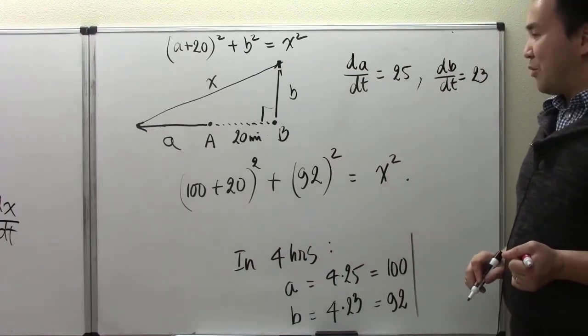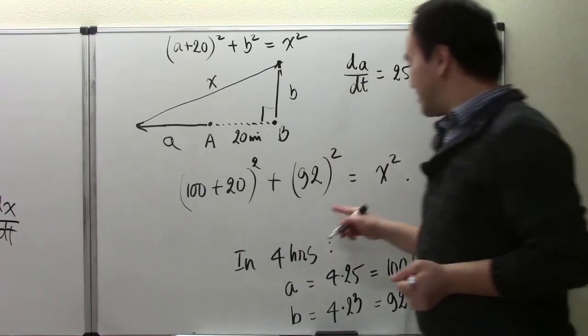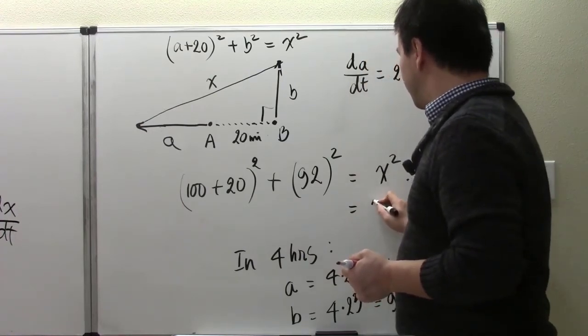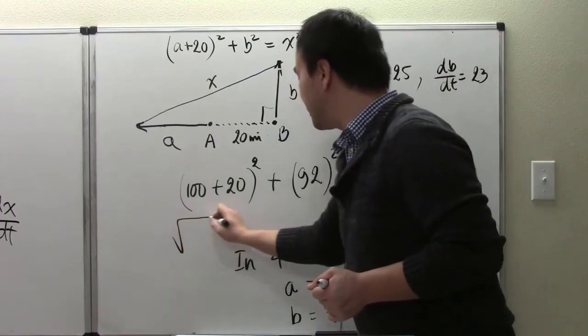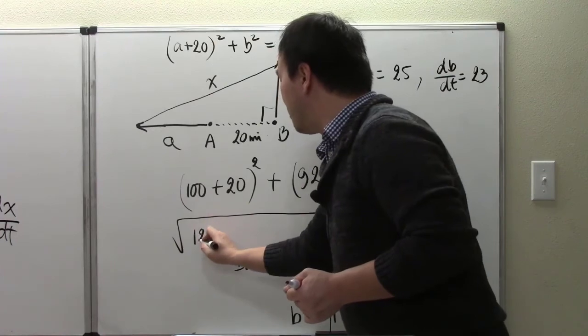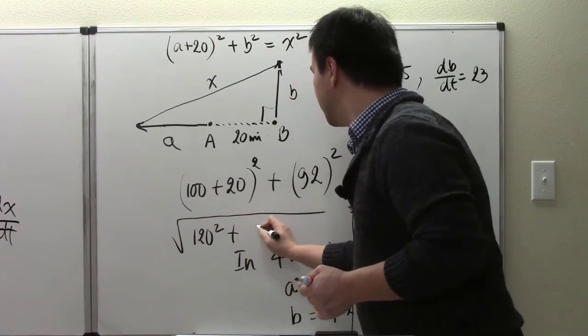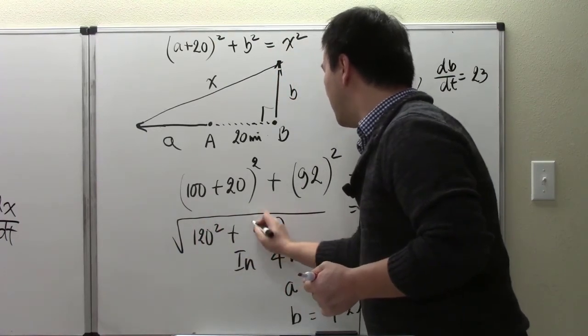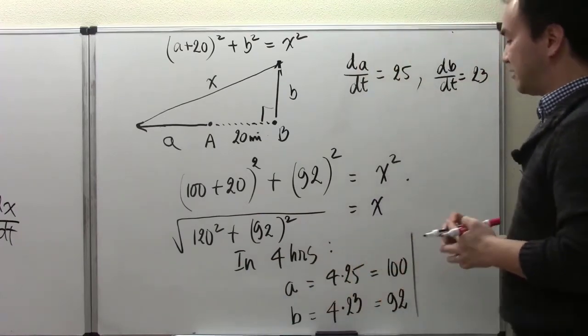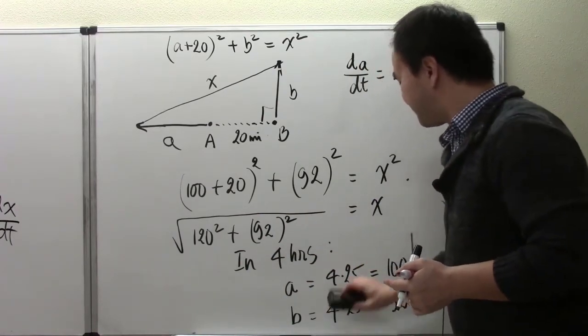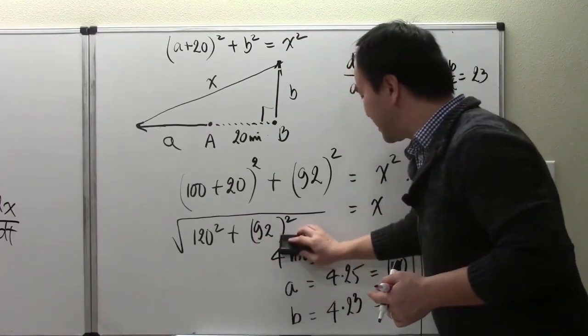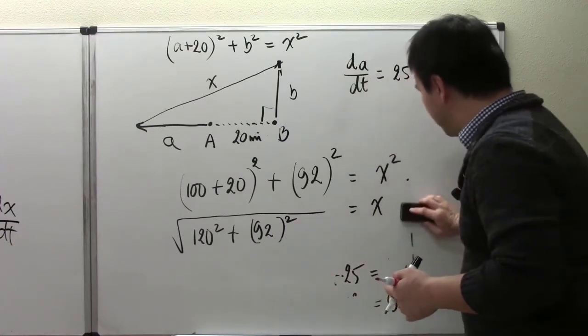And so now we're on our way solving for x right here. x is simply the square root of 120 squared plus 92 squared. That's how we can find our value for x. Okay, and so now I can keep erasing more stuff.